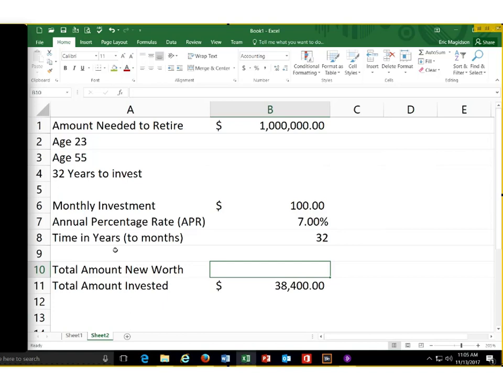Because this is your future right here. The average American, your parents, on average, have less than $50,000 saved in retirement by age 50.